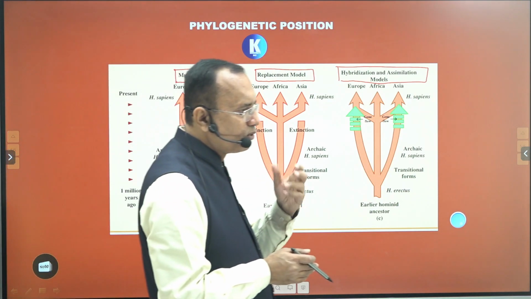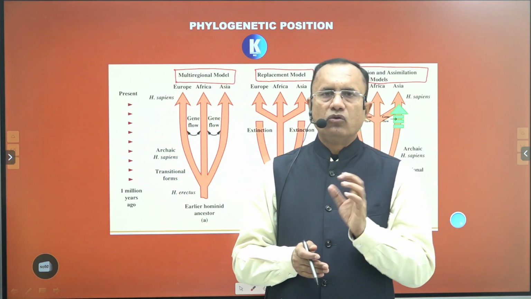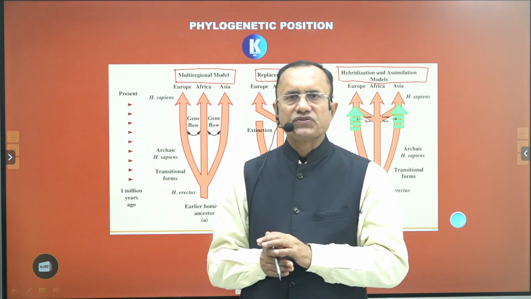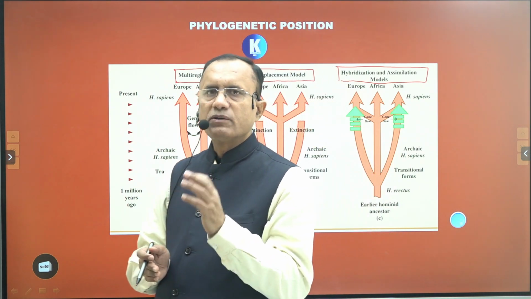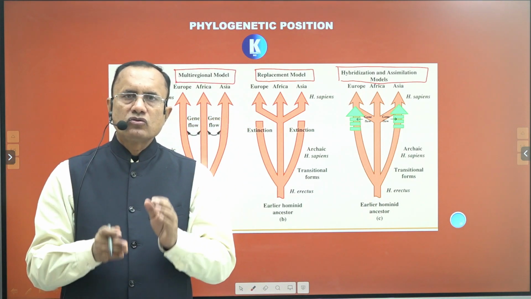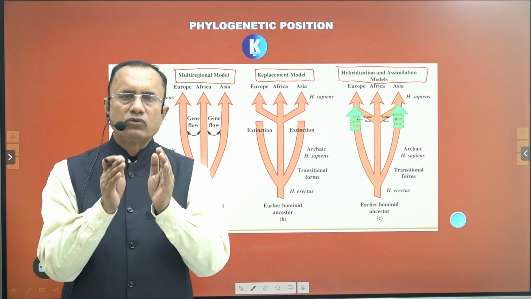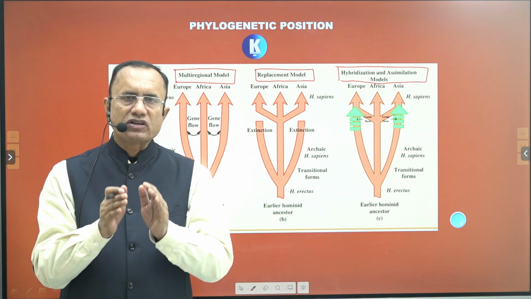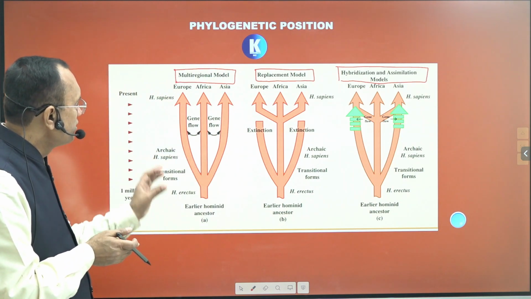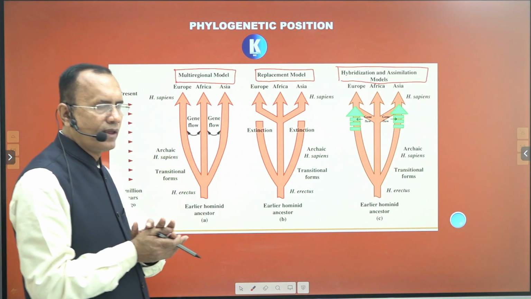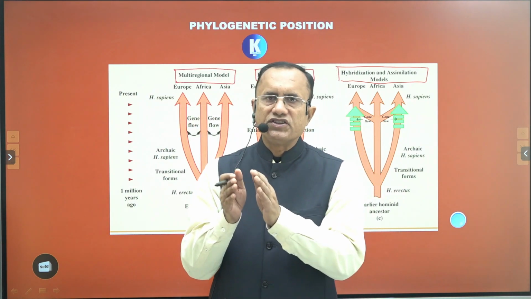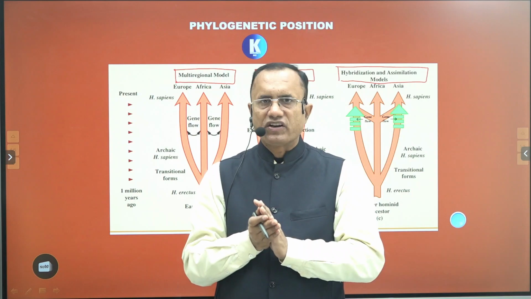Homo sapiens evolved in Europe, that was evolved from Homo heidelbergensis, and Homo sapiens evolved in Africa from Homo ergaster. So, in multi-regional model, paleoanthropologists have given focus to similarity between the physical features of Homo erectus and Homo sapiens of a particular region and contemporary population.